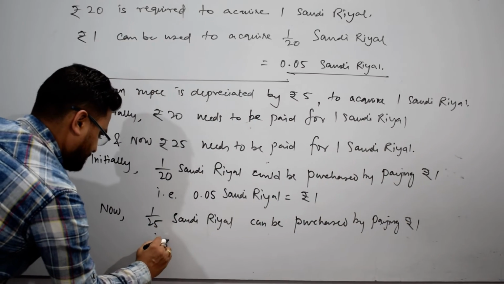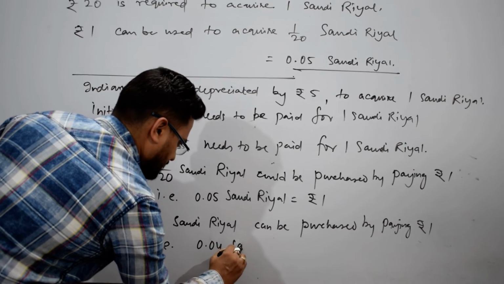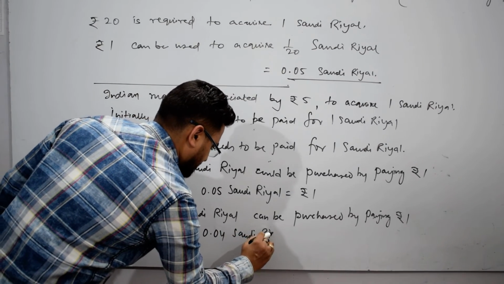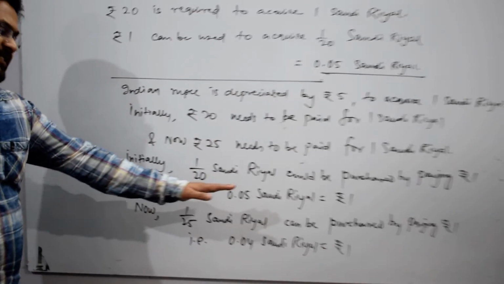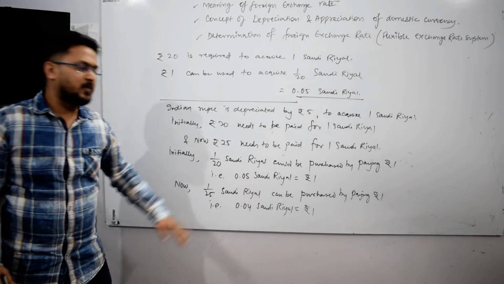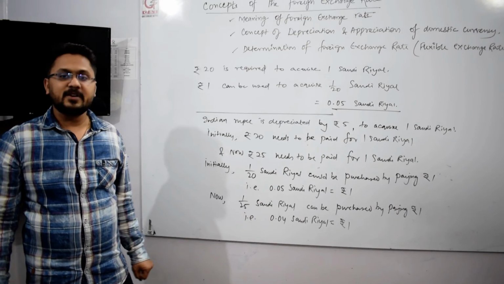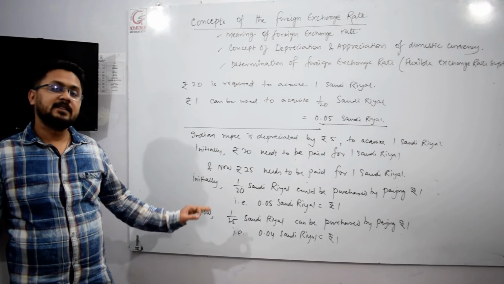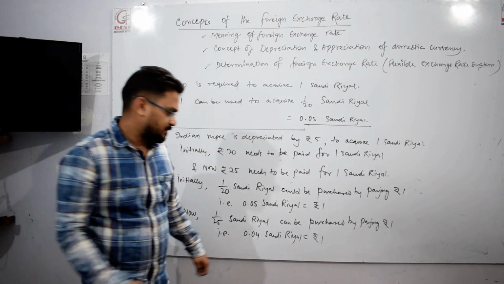Again, that is 0.04 Saudi Riyal is equal to rupee 1. So it is very much clear that 1 rupee could purchase 0.05 Saudi Riyal. Now it can purchase only 0.04 Saudi Riyal. That means Indian rupee has depreciated. This is one thing.